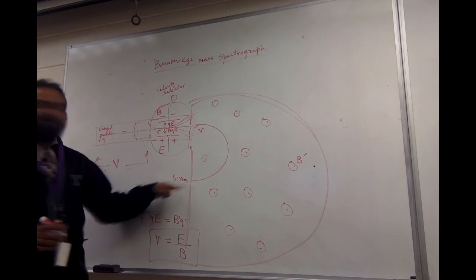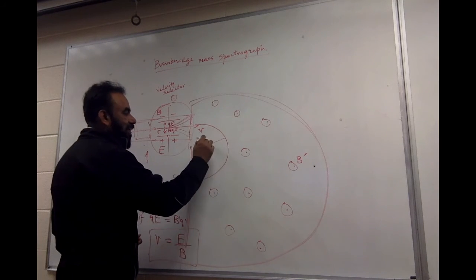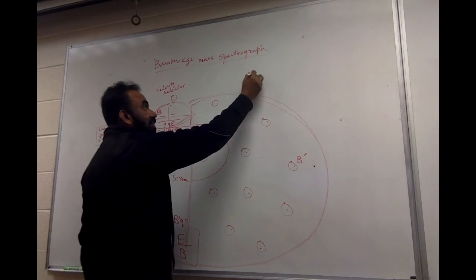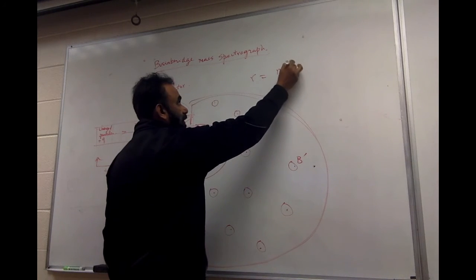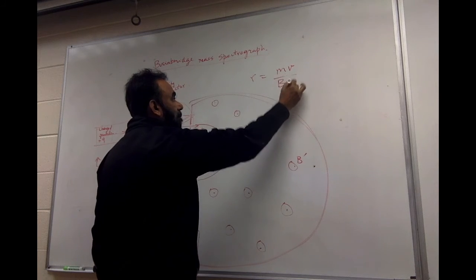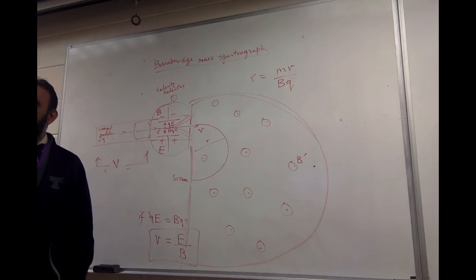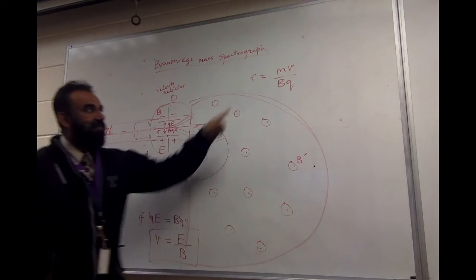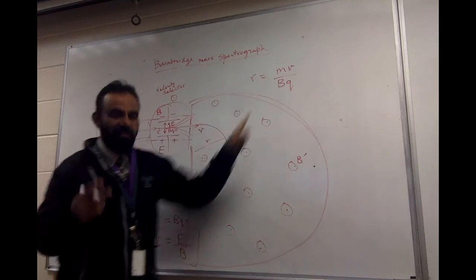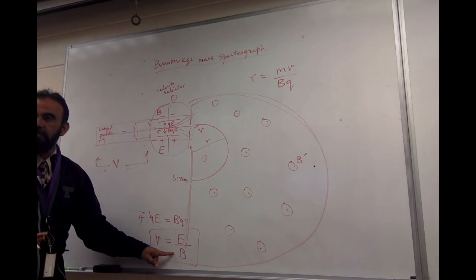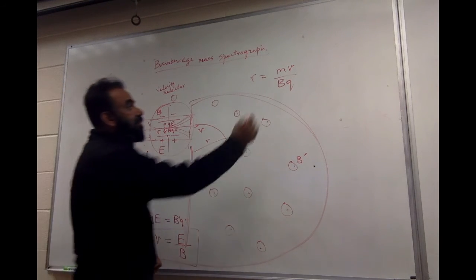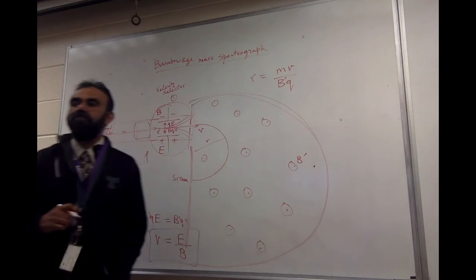They're going to come here. What's the radius of the turn that is taken here? mv over bq. You just saw it earlier. The radius of the turn taken is mv over bq. Velocity, fixed. We selected it. So we know what it is. This is now b prime q.